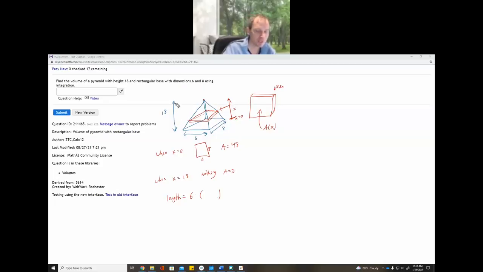So I want to think about this going up proportionally, and a standard way to do that in math is to have a subtraction here. But maybe I want to rescale it, right? If I take my x going from 0 to 18 and divide that by 18, then I'll be going from 0 to 1, and that's the scaling that I want.